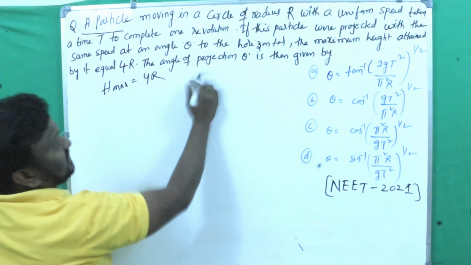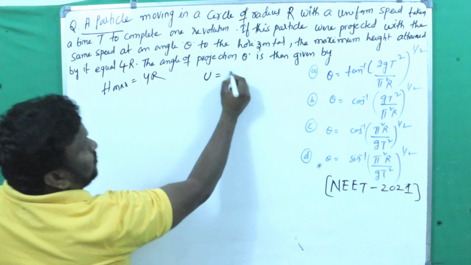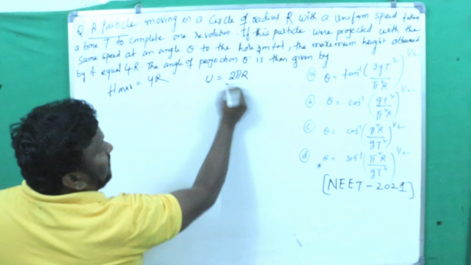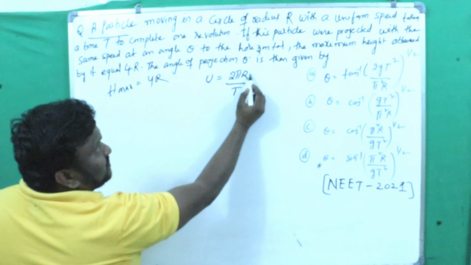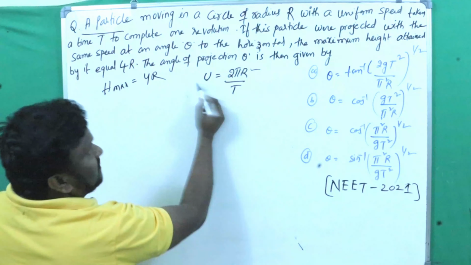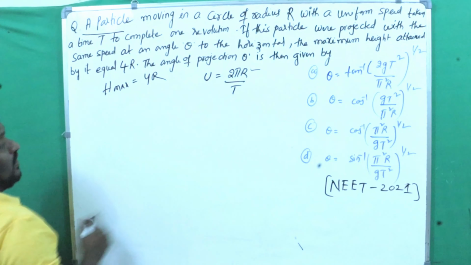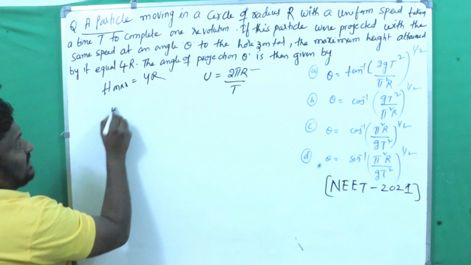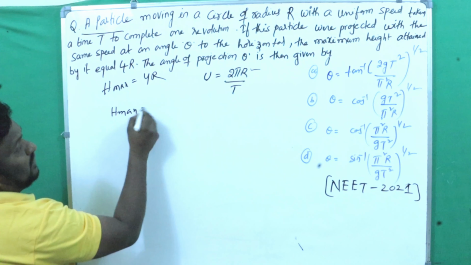So u is equal to 2 pi r by t. Here 2 pi r is distance, and distance by time is speed. Clear? From that, H maximum is equal to 4r was given.